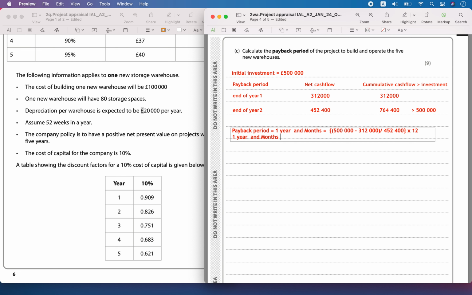So the payback period to recover the entire investment is going to take 1 year and 4.99 months, or approximately I can say 5 months, or you write 4.99 months to recover this initial investment.